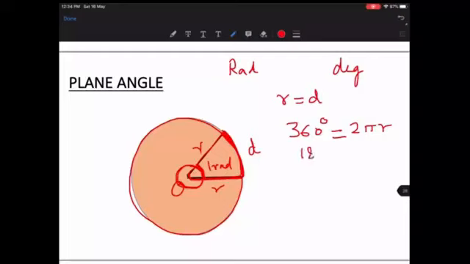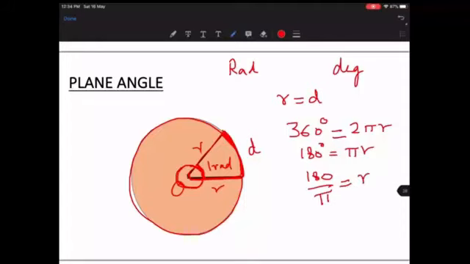Then I can write what 180 degrees is. 180 degrees will be equal to pi r, because the 2 comes down and 360 divided by 2 gives 180. So 180 degrees is equal to pi r radians. Correct? So I can write 180 degrees divided by pi is equal to r.